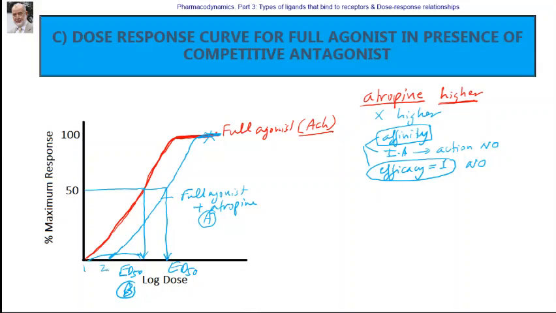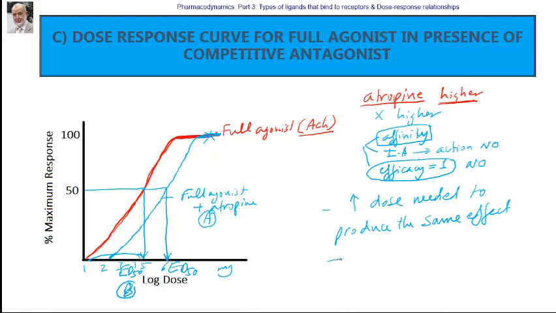Suppose this is 1, 2, 3, 4, 5, 6 milligrams, just a supposition. So what happened? The antagonist increased the dose of the full agonist needed to produce the same effect.